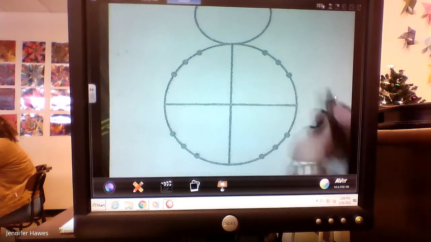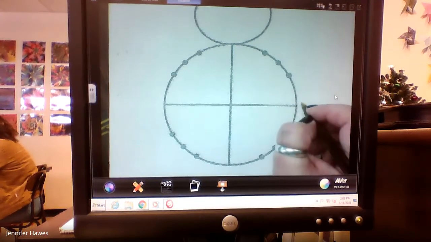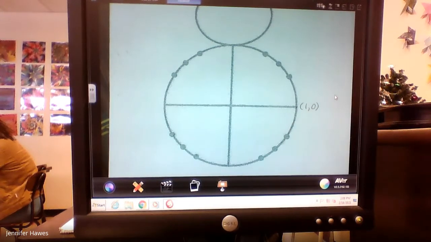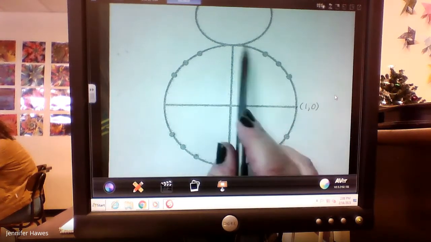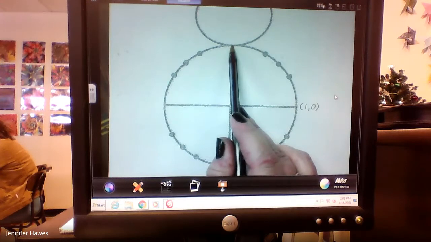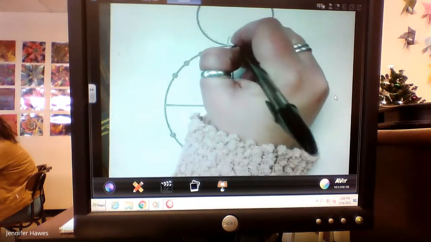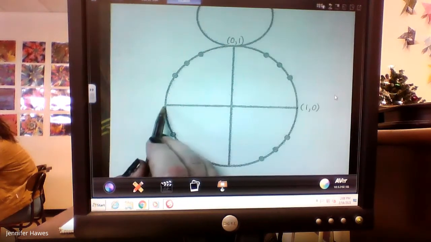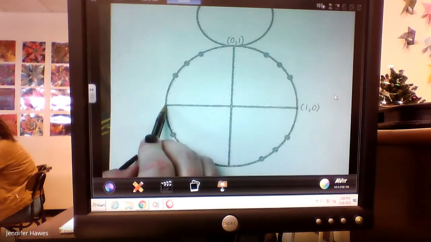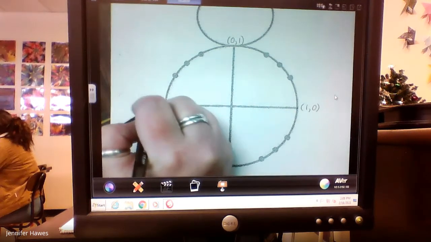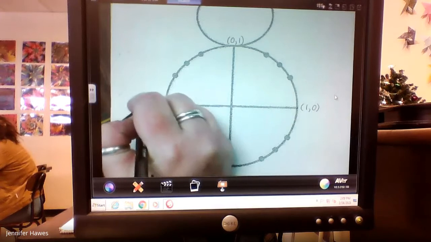So how would I get to this point right here? I would go over 1, 0. How do I get to this point up at the top? Somebody tell me. How do I get to this point on the left? And yes, I do want you to write these down here.